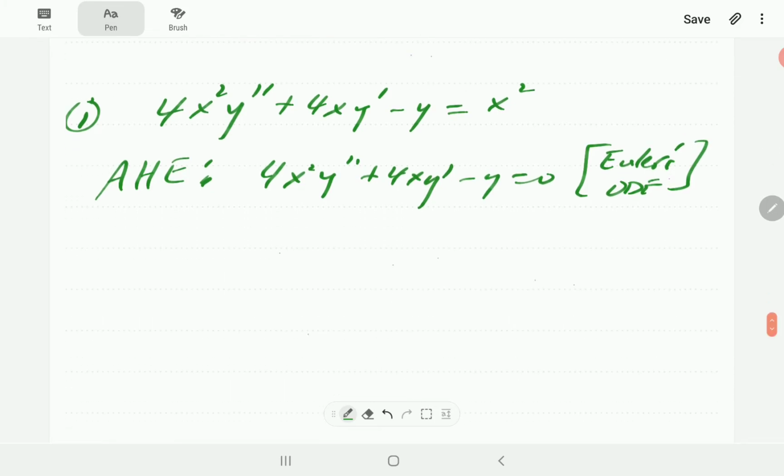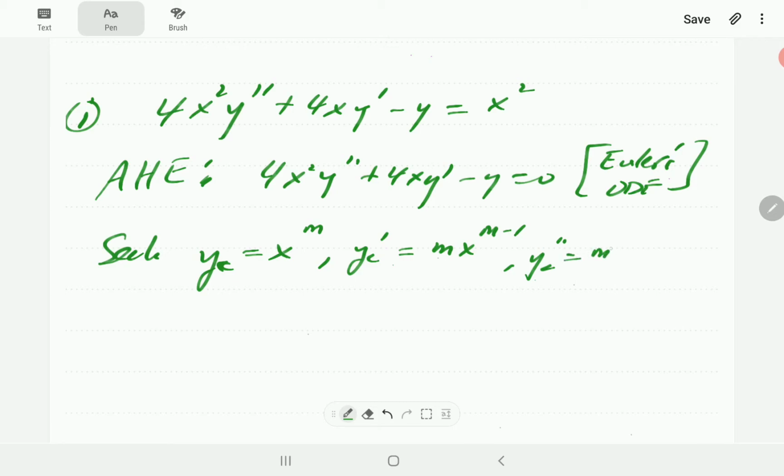We do have a video on this, and the way we solve it is we seek a solution. It's going to be our yc equals x to the power m. Then the derivative of this is going to be m x to the power m minus 1. The second order derivative is going to be m into m minus 1 x to the power m minus 2.